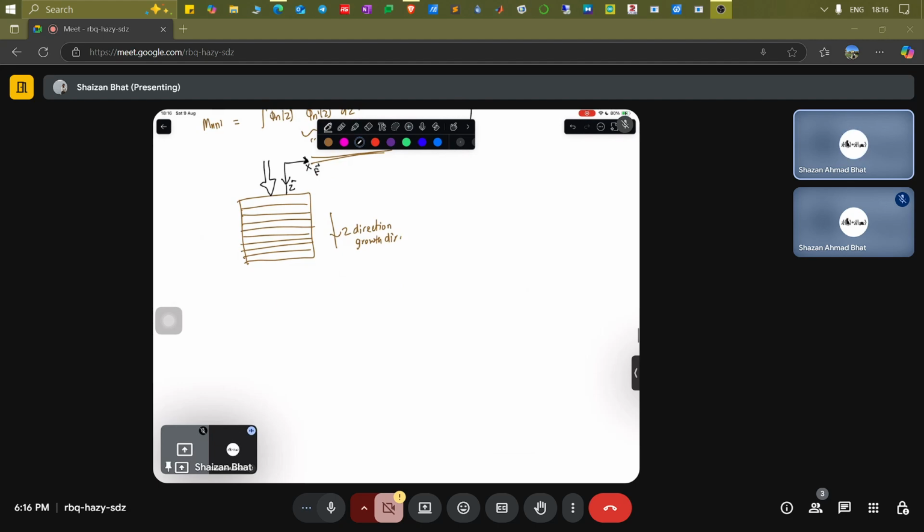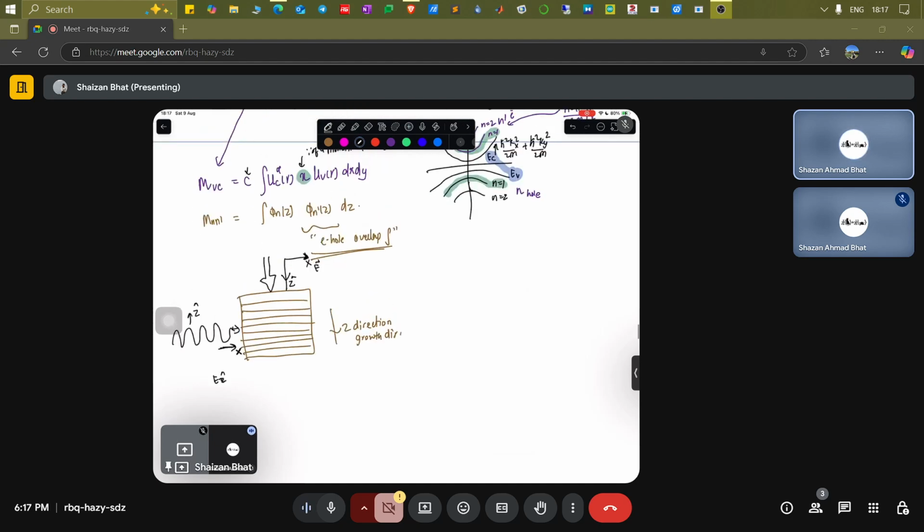Otherwise, if the electric field were along z, the wave would come from the side, with polarization in the z direction and propagation along x. That would have a different consequence, and then you could not write x at this place. We are only considering polarization of the electric field along the x direction. That is the important thing here.